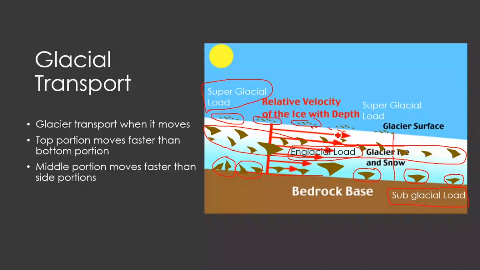So what happens to these three different varieties of loads: subglacial loads, englacial loads, and superglacial loads? Superglacial loads are on the top of the glacier, subglacial loads on the bottom portion, and englacial loads enclosed or embedded within the glacier.